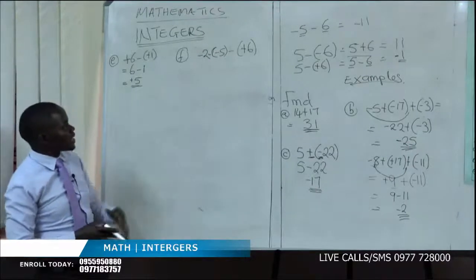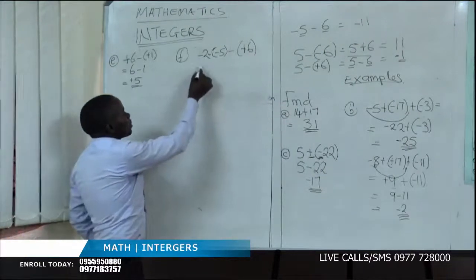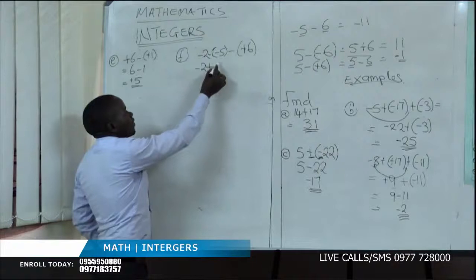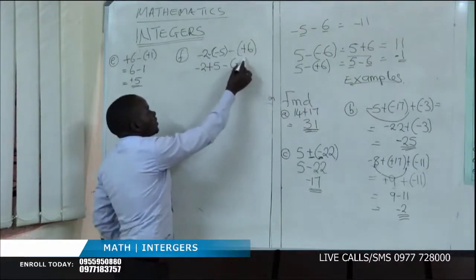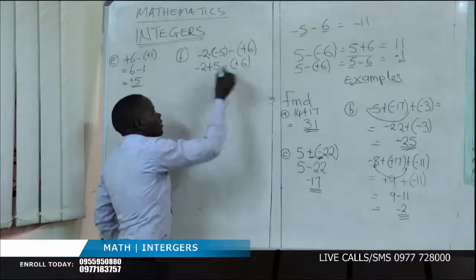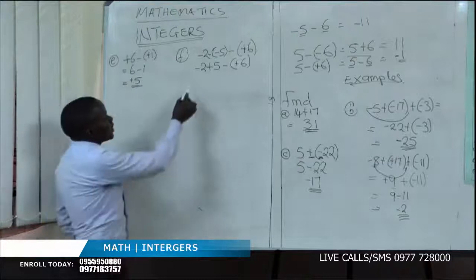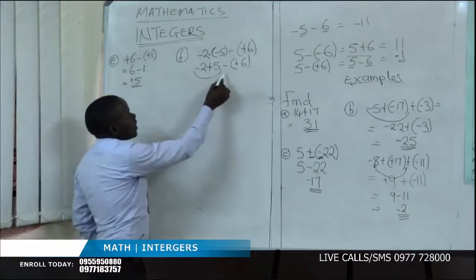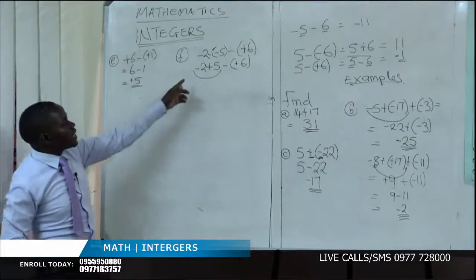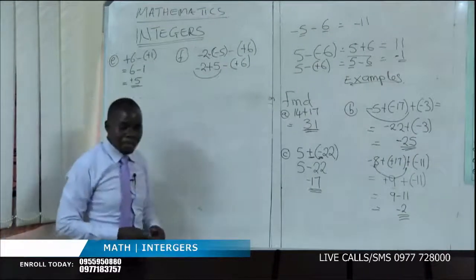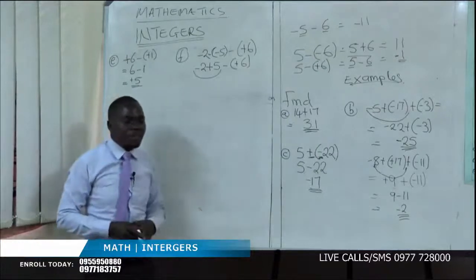Once you have got like signs, you result to positive: minus negative, or plus there, 6. So you can do this part, then later on you finish. So what is negative 2 plus 5?